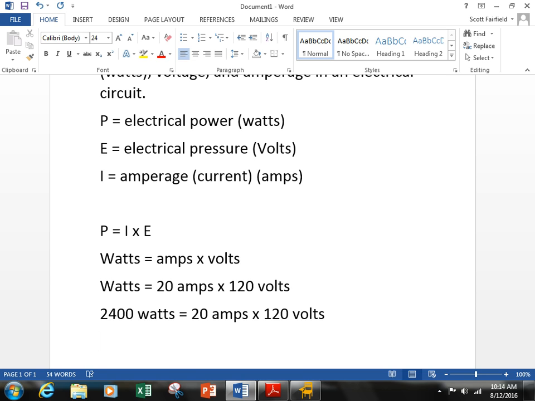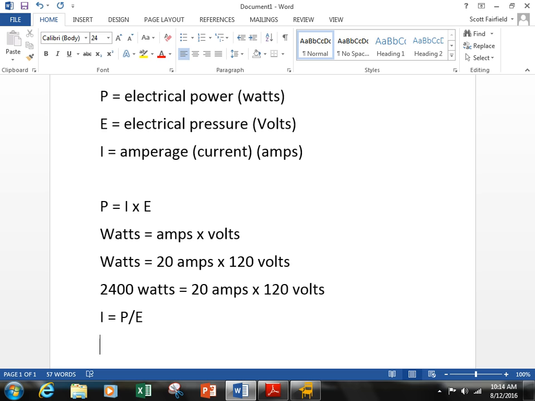And then we can also take it in algebra. We can take this formula, we can flip it around, we can solve for amperage, we can solve for voltage. Let's say we take amperage first. On the diagram, we can set it up so you can see. People like to see the diagram, but on this demonstration, we'll just show the formulas. If I'm going to solve for amperage, I'm going to take power divided by voltage. So we flip it around and ask, how many amps are flowing through a wire?